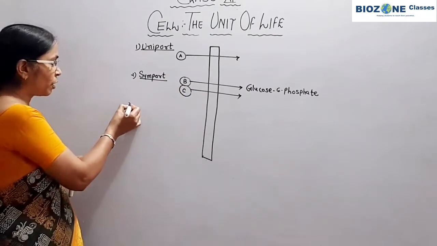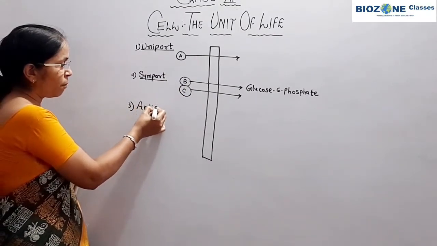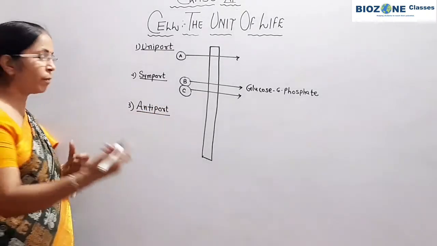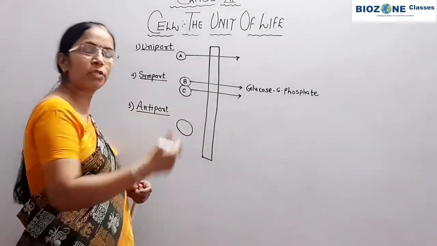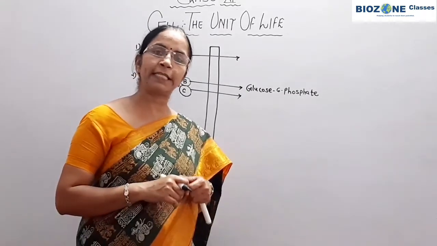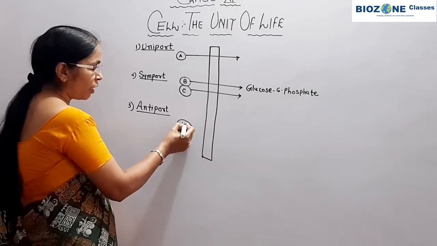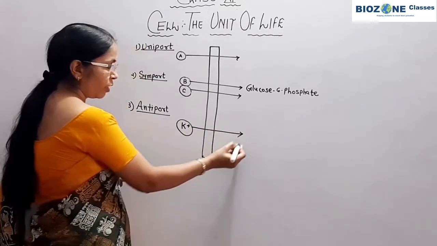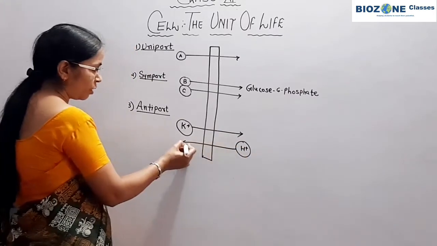And the third we study, the most important, is antiport. Anti means opposite. So antiport means, you remember, as we already studied in the process of transpiration when the opening and closing of stomata takes place, at that time you study the ion exchange, the potassium ion influx and the hydrogen ion efflux.